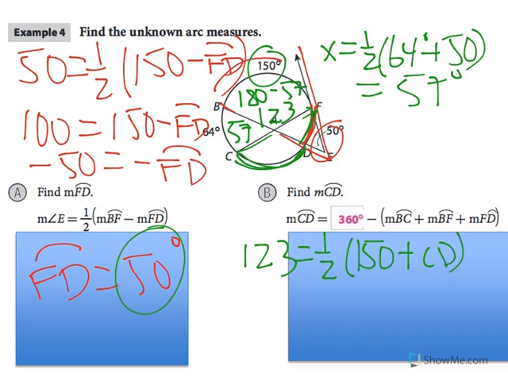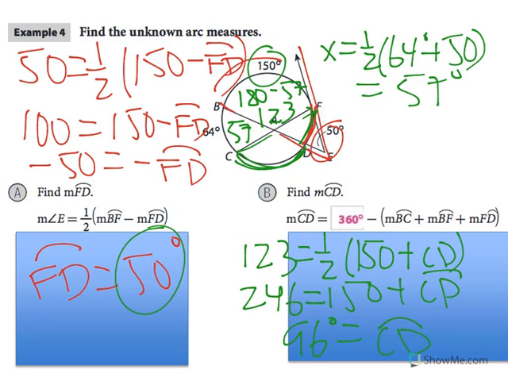So bring it over, so 123 times 2 is 246 equal to 150 plus CD. Subtract 150. So then 96 degrees is equal to the arc from C to D.